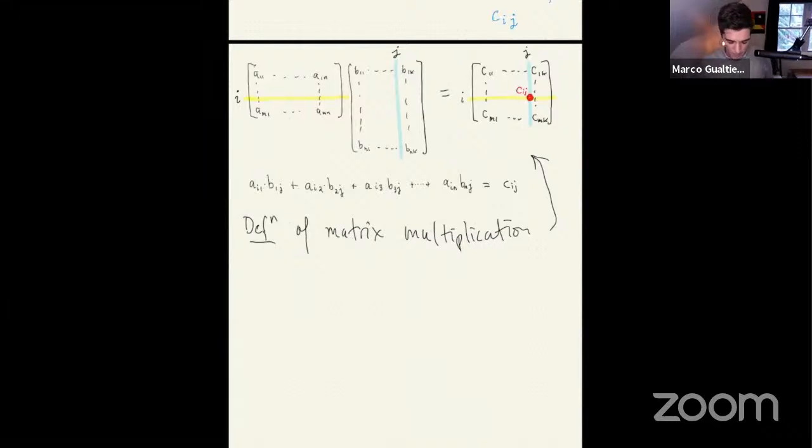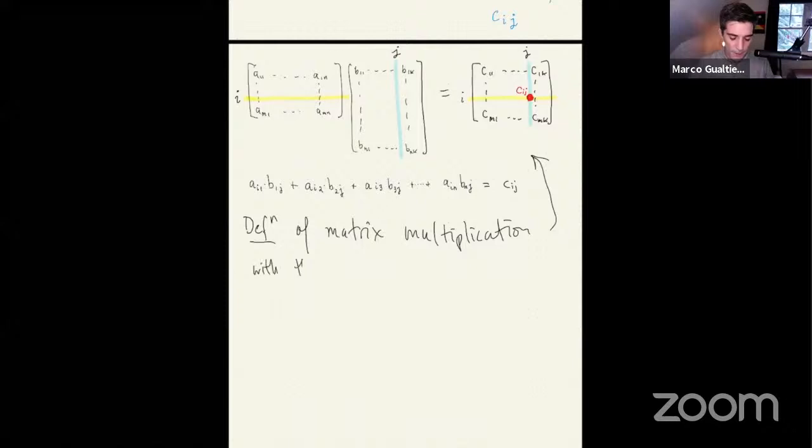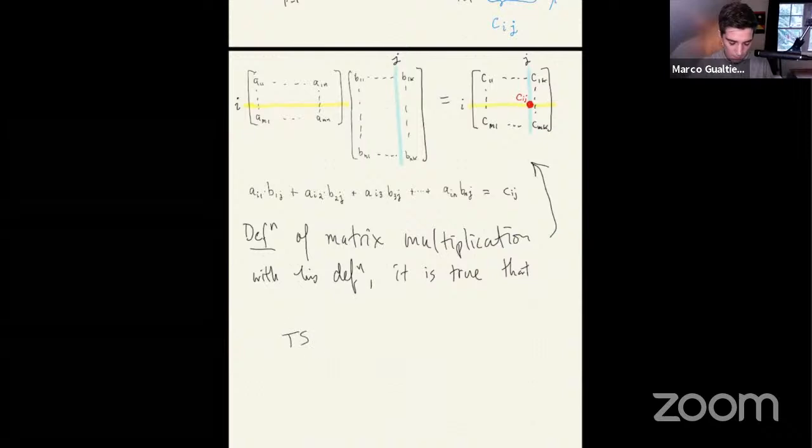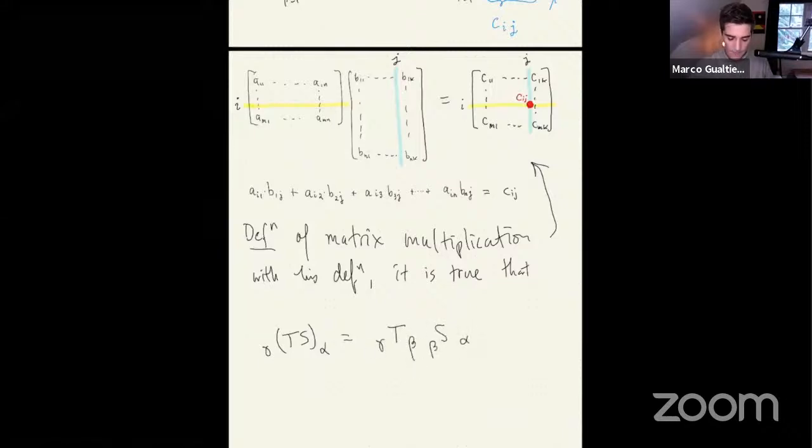You take an m by n and an n by k, and you get an m by k as a result. And with this definition, it is true that the matrix of TS from alpha to gamma is equal to the matrix of T from beta to gamma times the matrix of S from alpha to beta, where this multiplication is matrix multiplication, and this one is composition.